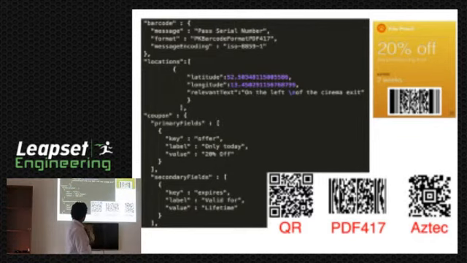The only thing the developer has to do is give the message that you want to encode in this QR, the format of the QR code, and the message encoding. That's it. So Apple supports basically 3 types. They support QR codes, PDF417 and Aztec codes.